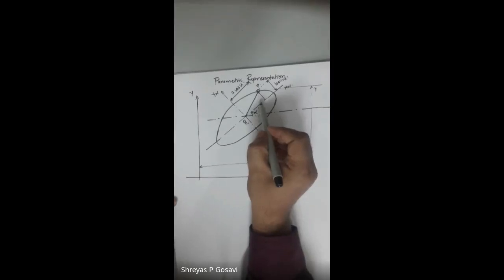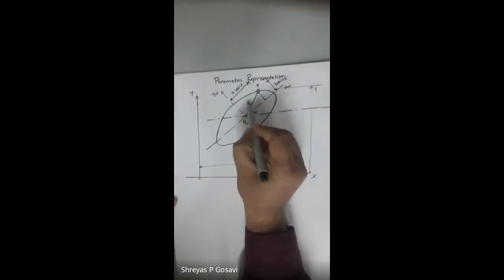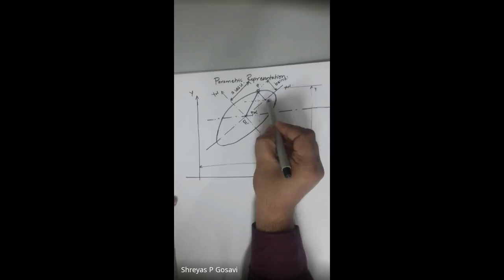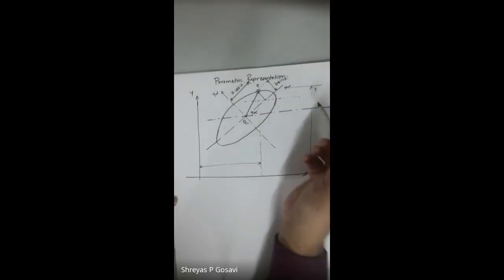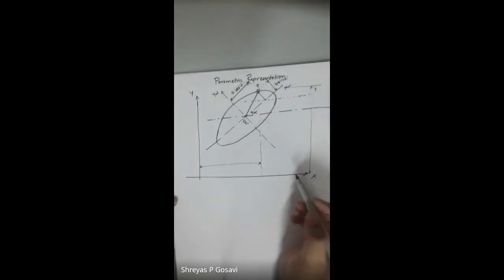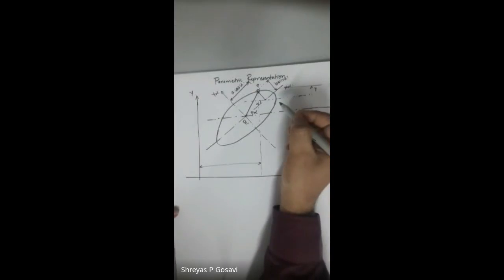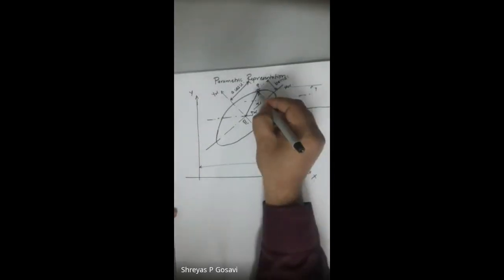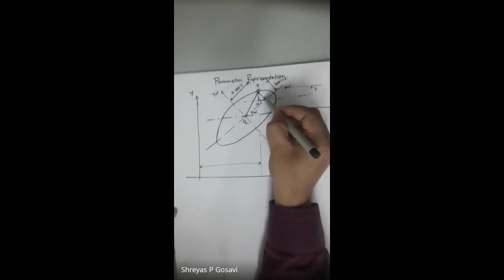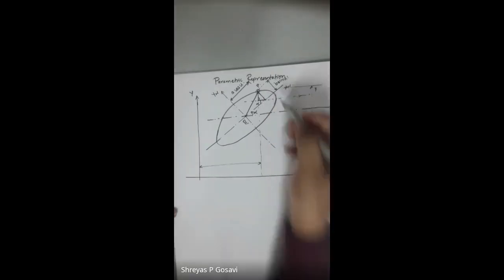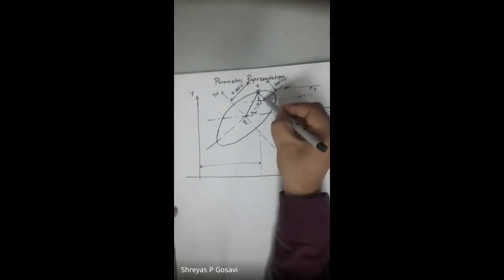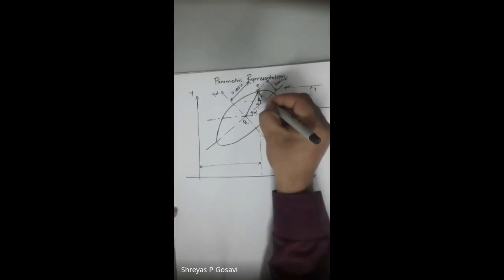Okay, so I'll draw a line parallel to this x. Okay, and let us determine, now consider this triangle. This is 90. So since this is also 90 degrees, it is a perpendicular to the x-axis. Okay, hence this will be 90 minus alpha, and this angle will be alpha again.